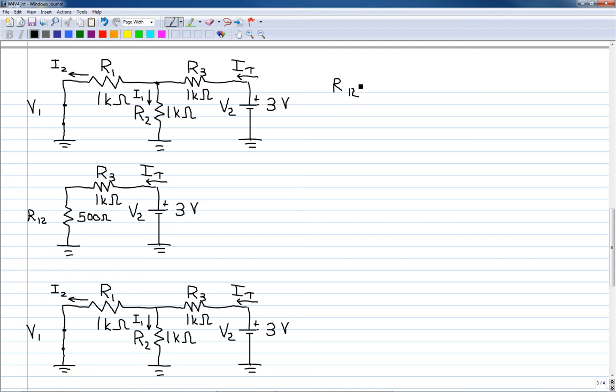R12 is equal to R1 times R2 divided by R1 plus R2.